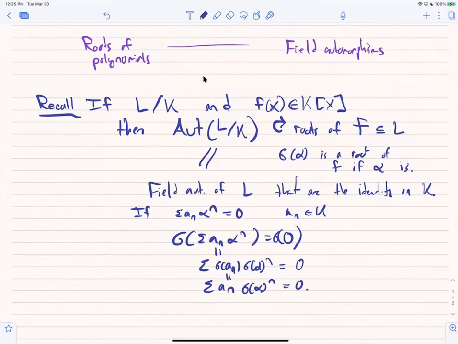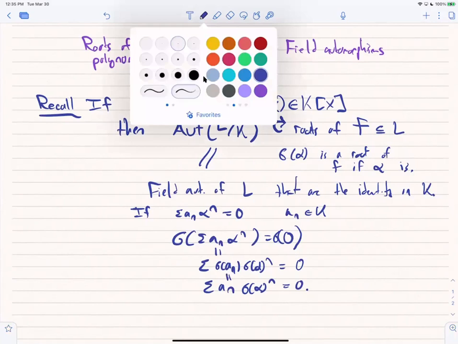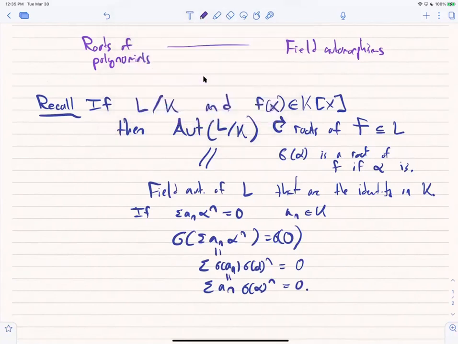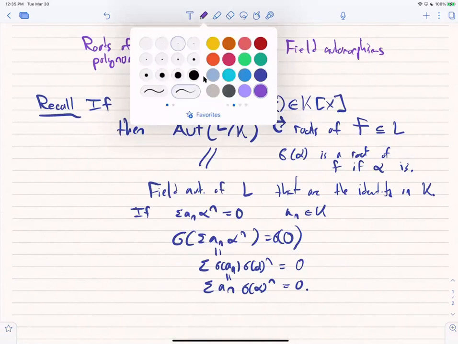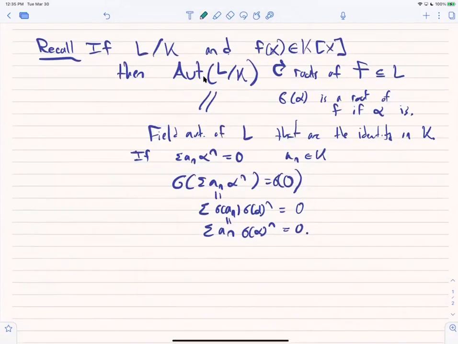So that's the starting point. But let me bootstrap off of that a little bit.